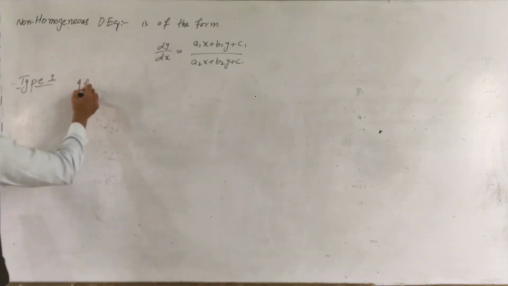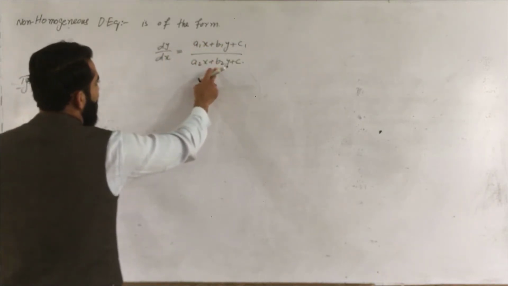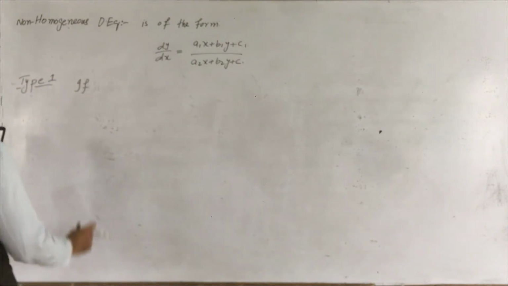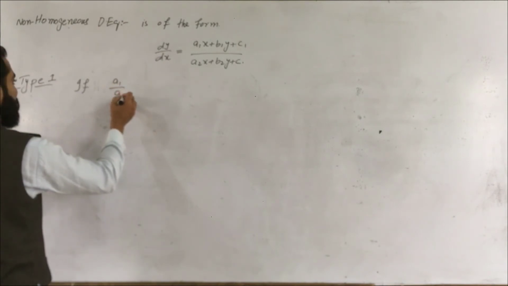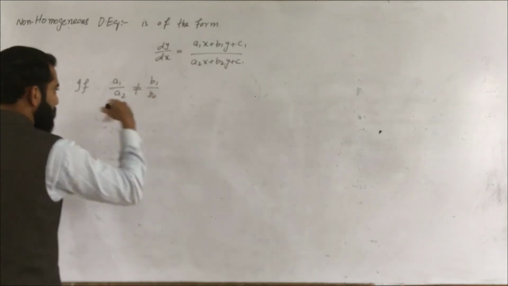Type number 1: the coefficients a1, b1 and a2, b2 decide the type of the differential equation. If a1 divided by a2 is not equal to b1 divided by b2, this is one type.